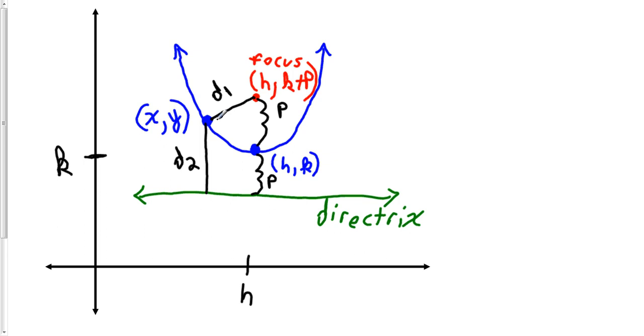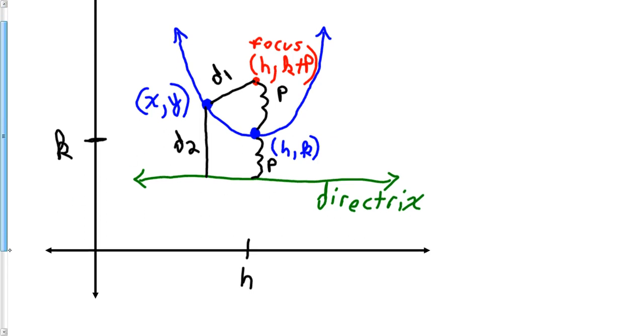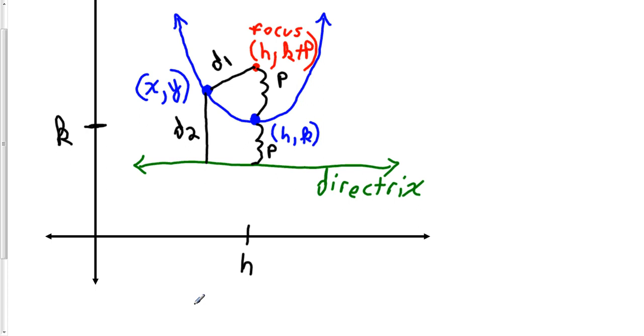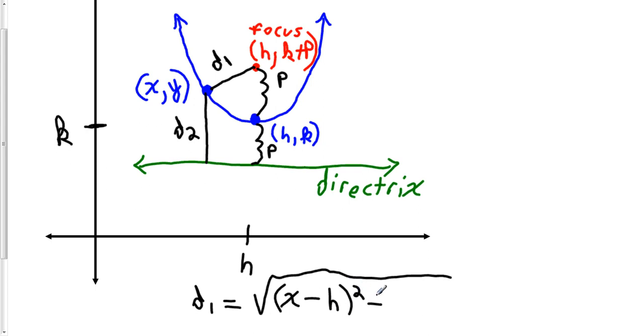All right, so the distance d1 from this ordered pair xy to the focus is equal to this. Let's say d1 is equal to the square root, using the distance formula, of x, the x value of the ordered pair on the parabola, minus h, this x value right here, squared, plus y, that y value, minus, well, this y value is actually k plus p.